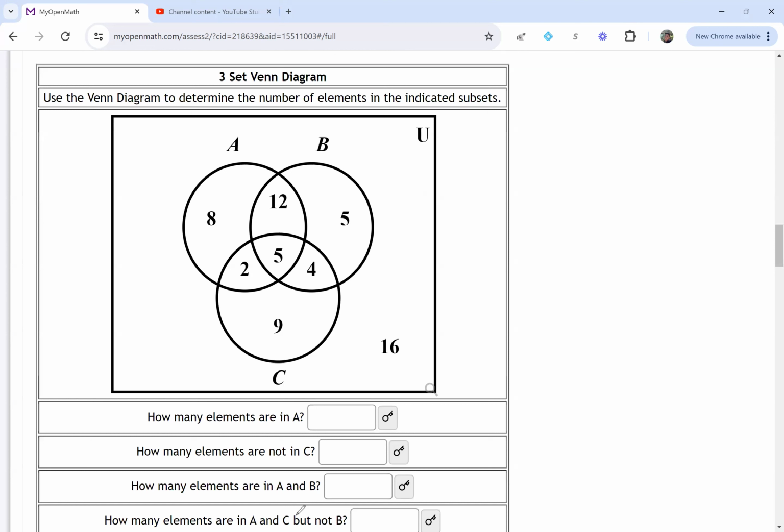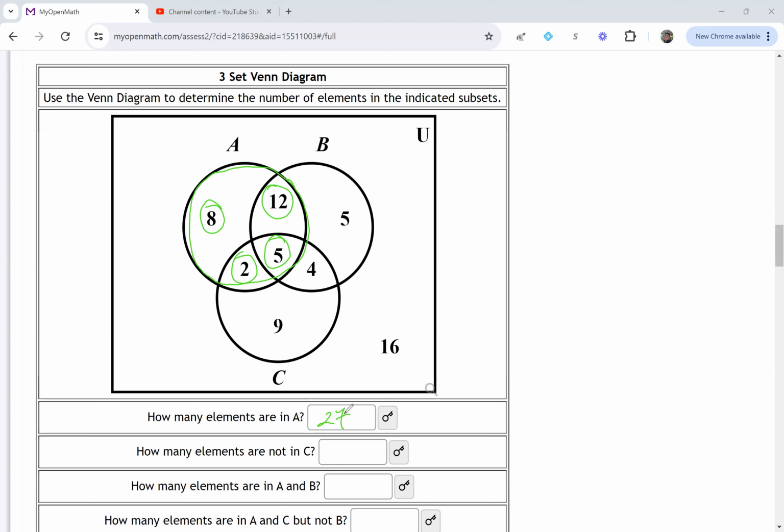So if we look at how many are in set A, that would mean everything inside this green circle. And so I would take 8 plus 12 plus 5 plus 4 plus 2, and I would get 27. That would mean that there are 27 elements in A. Okay.